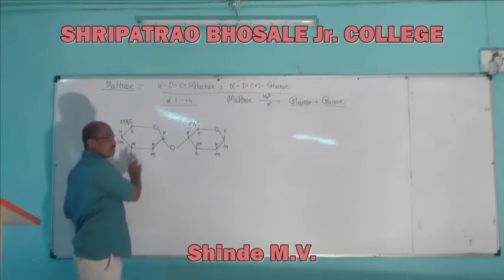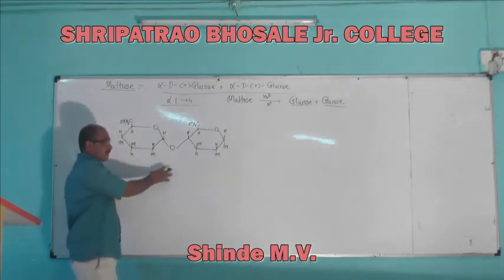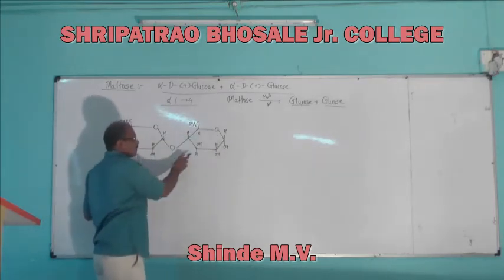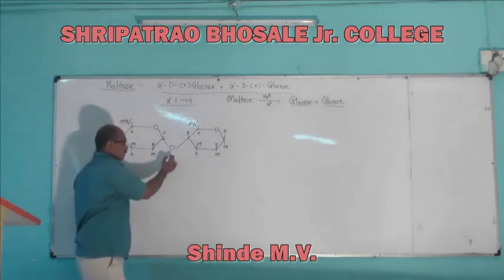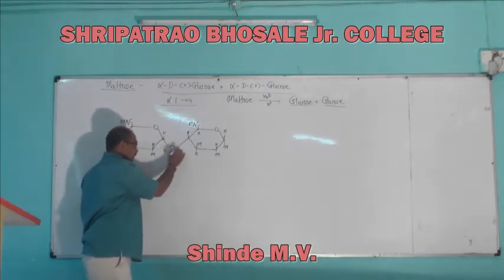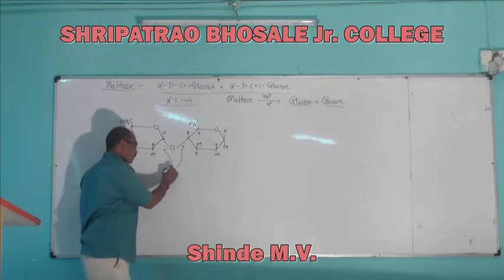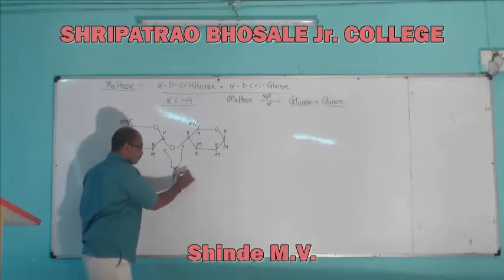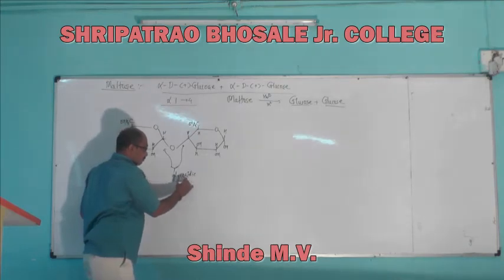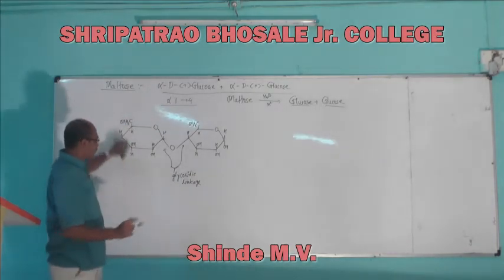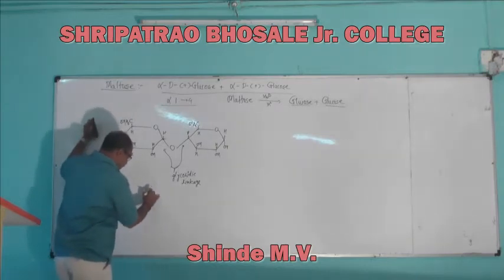This is the structure of maltose. Simple structure of maltose. Here we have the alpha glycosidic linkage between C1 and C4.